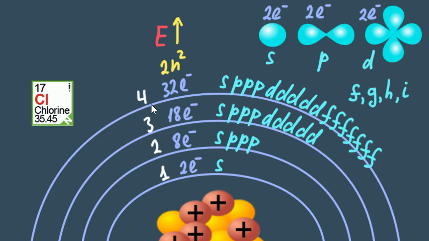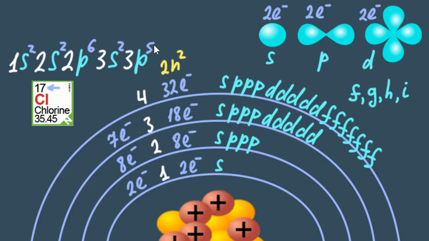The chlorine atom has 17 electrons. The first 10 electrons will fill the first energy level and the second energy level completely. The remaining 7 electrons will be at the third energy level. And this is how it is written down.